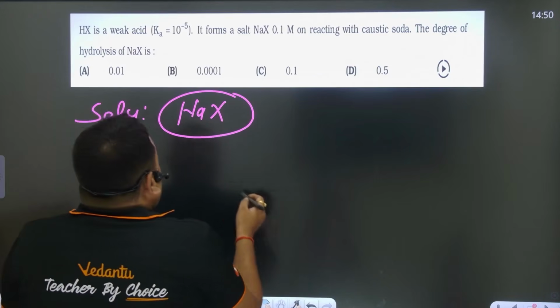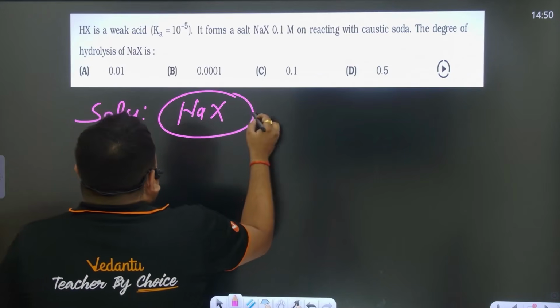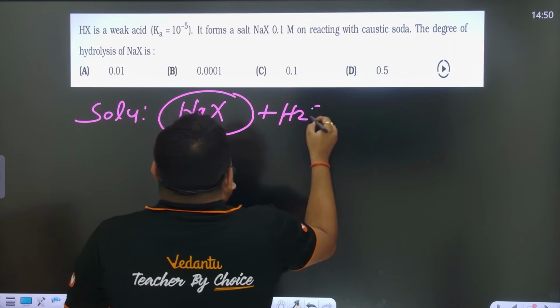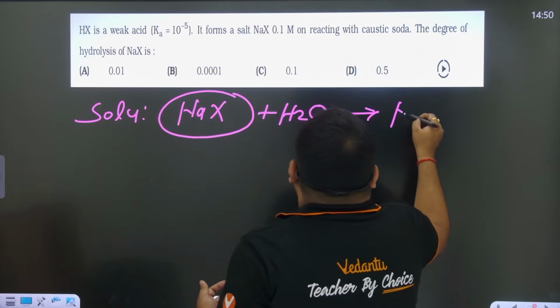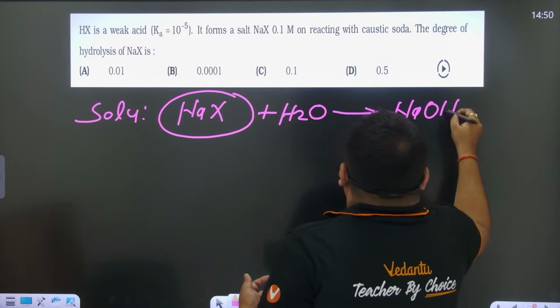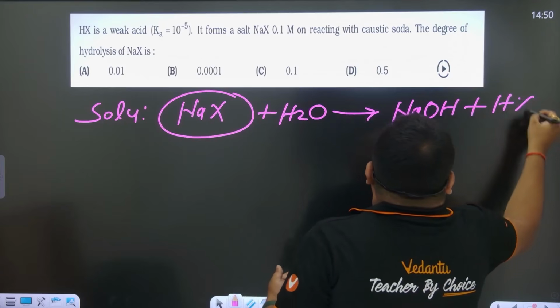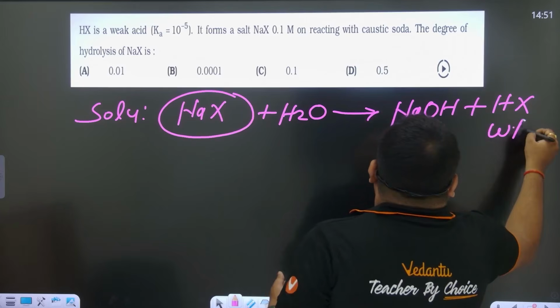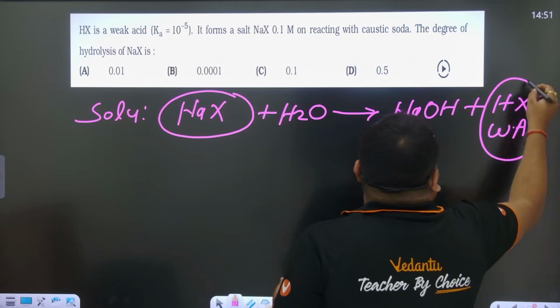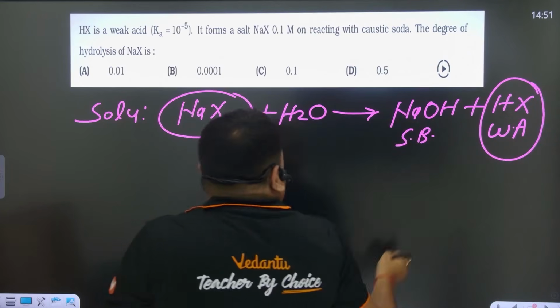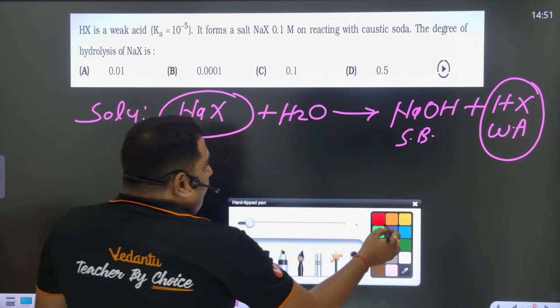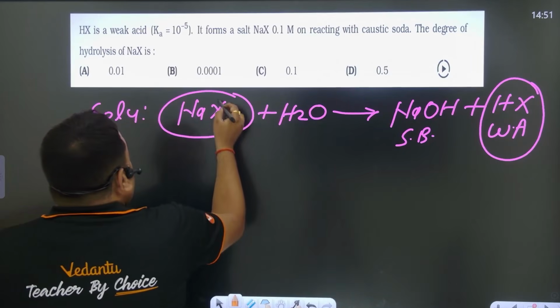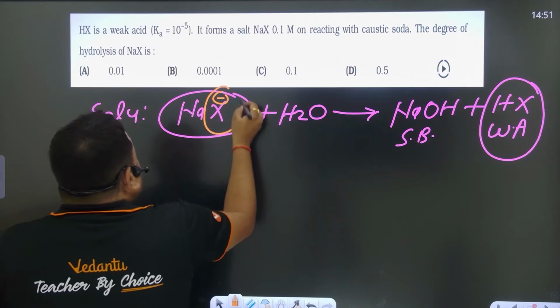Now see here, if you put water in it, then you get NaOH plus HX. So here this is a strong base, this is a weak acid. So hydrolysis is only due to this weaker part, and this weaker part came from this negatively charged species.